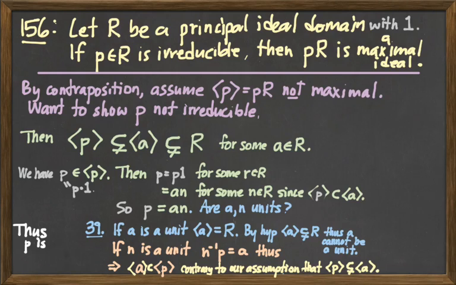So closing the loop, what do we have? Thus P is not irreducible, hence the original statement holds true. All right, thus P is not irreducible, completing the proof of the contrapositive. Yep. Very, very nice.